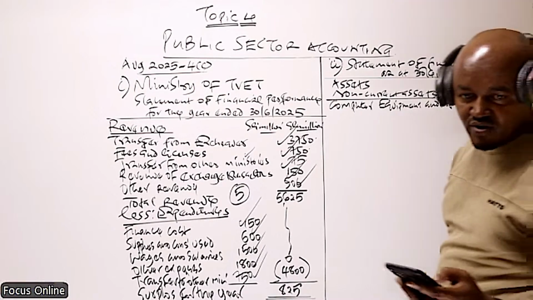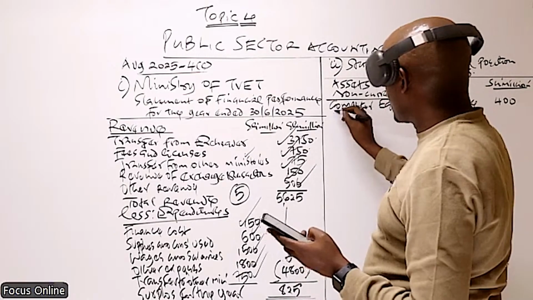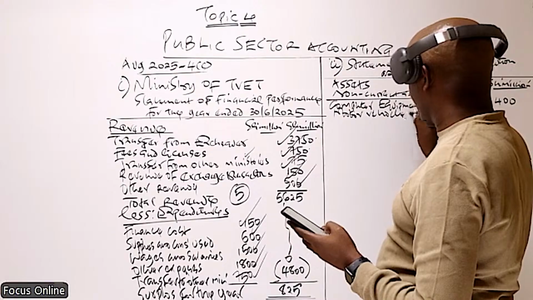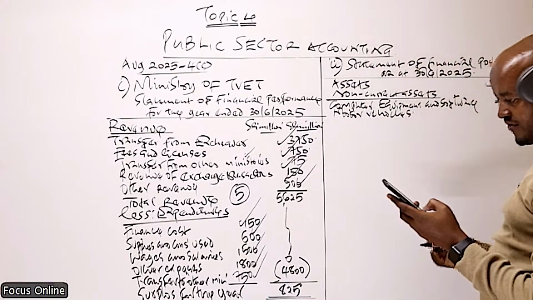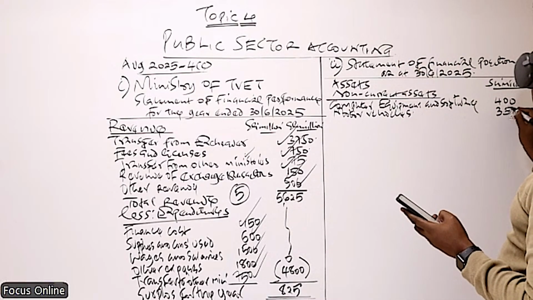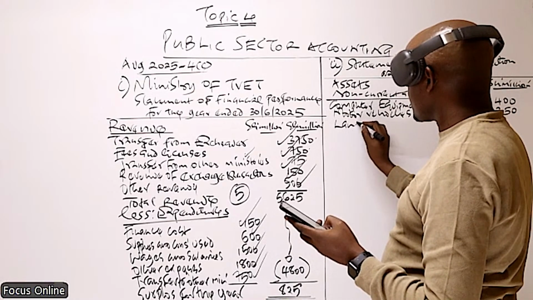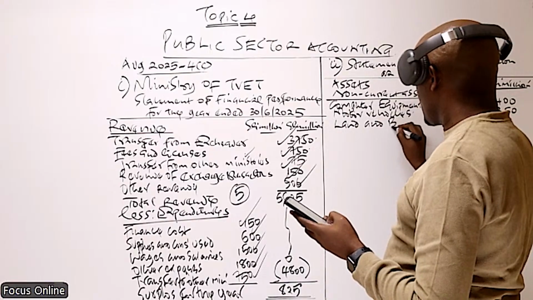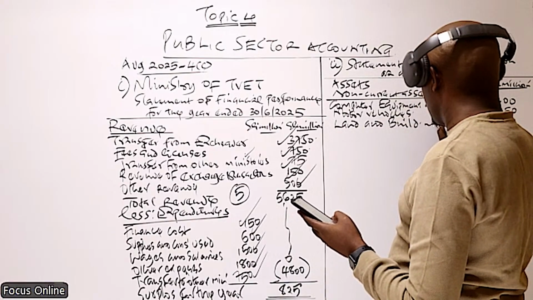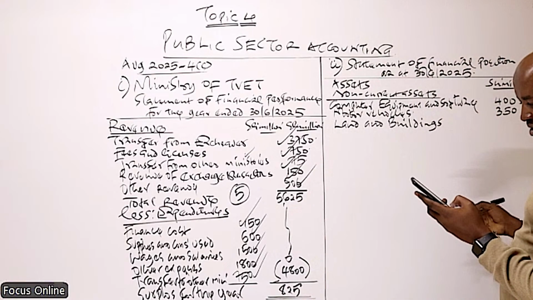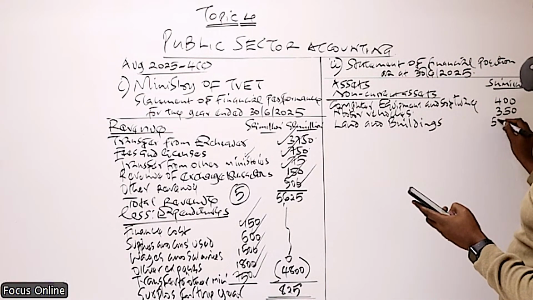Below that, we have motor vehicles, having a value of 350. Then below that, we have land and buildings, an amount of 5250.